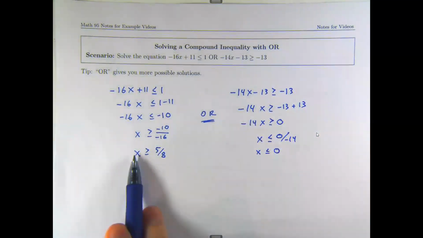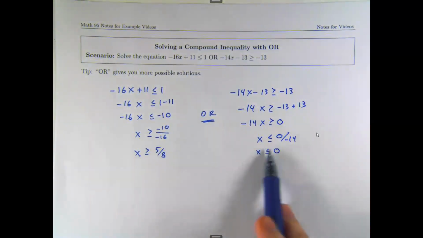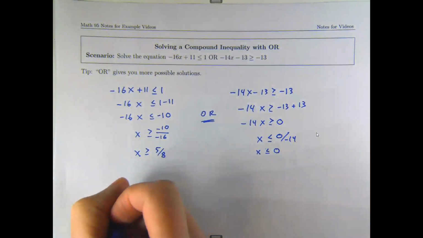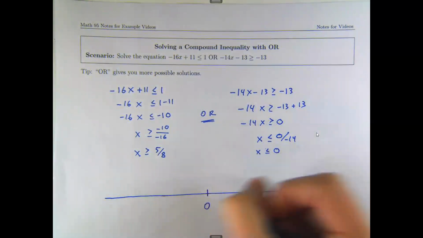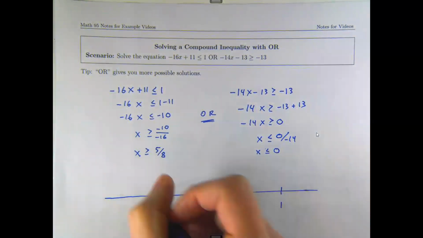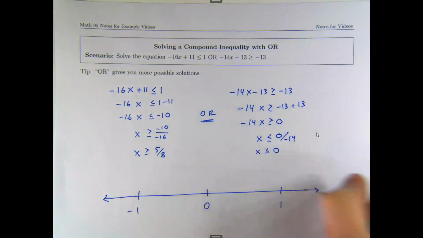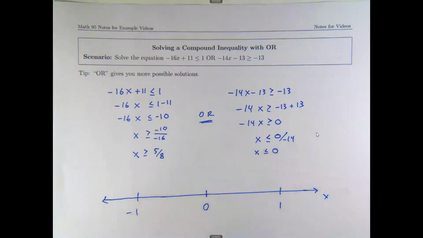So I have answers of x greater than or equal to 5 over 8 works, and x greater than or equal to 0 works. So I'm going to draw a number line to try to visualize this a little bit. X less than or equal to 0 works.